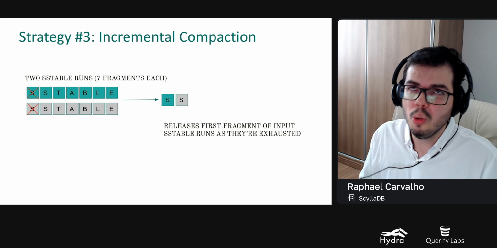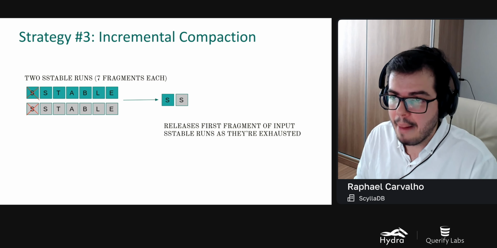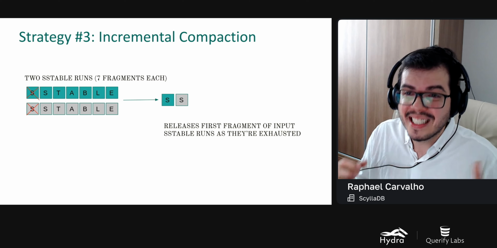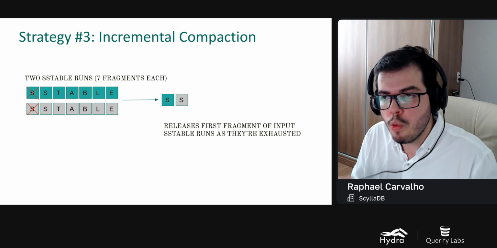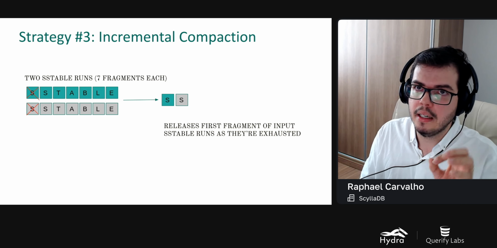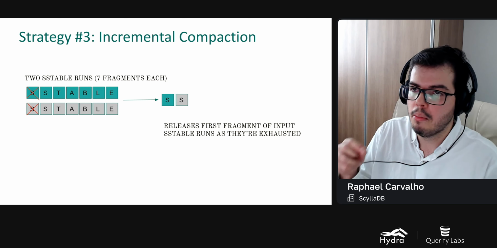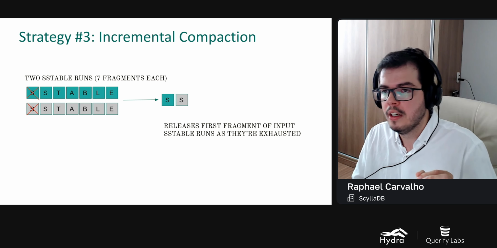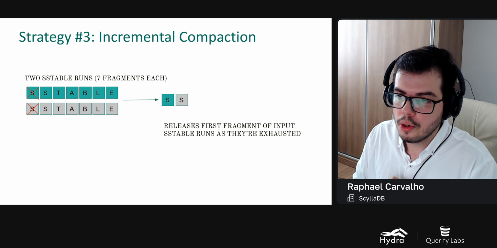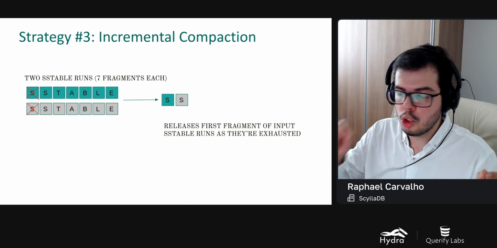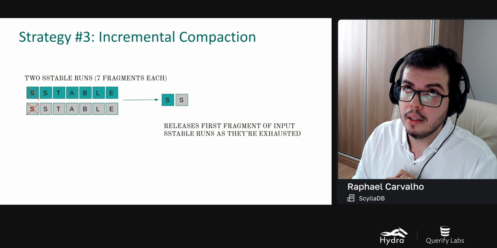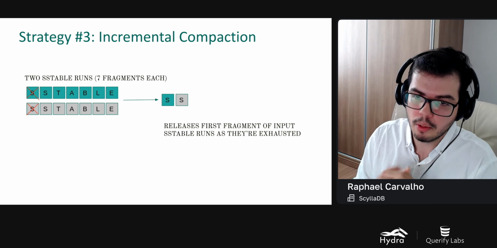If the workload is overwrite intensive, we may need a few more fragments, but the space requirement is still limited. It would be a factor multiplied by the fragment size, multiplied by the number of input SSTable runs.